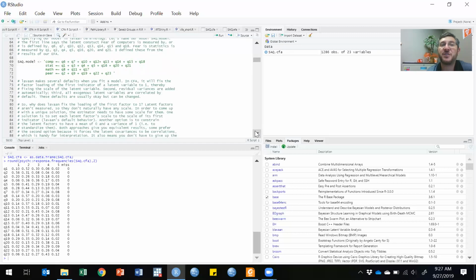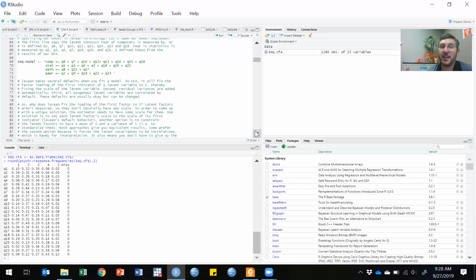So you might ask yourself, why does lavaan fix the loading of the first factor to 1? The main reason is latent factors aren't measured, so they don't have any kind of scale. In order to come up with a solution, the estimator needs to scale the latent factors somehow. So one way to scale the factors is to set the loading of the first indicator to 1.